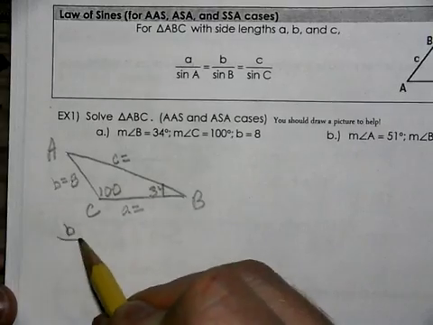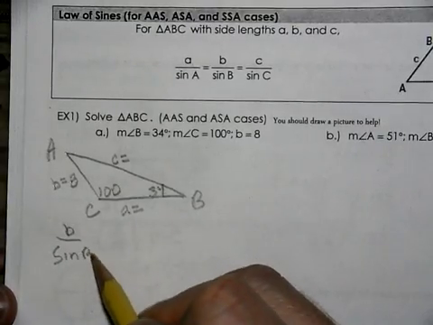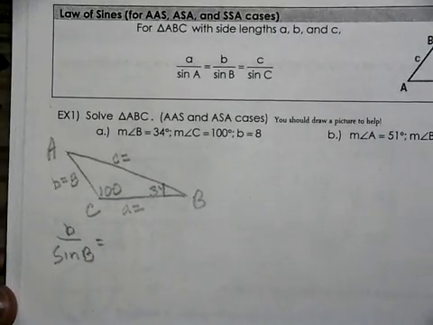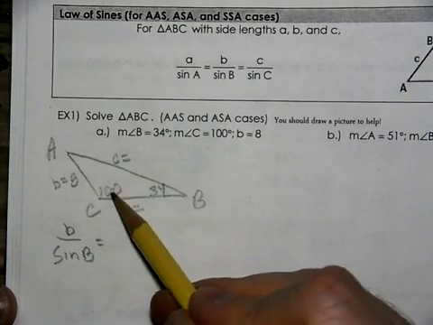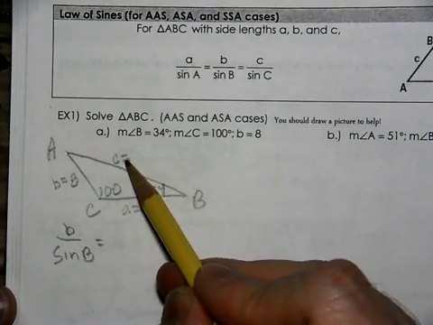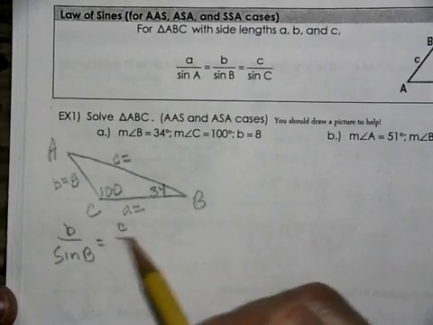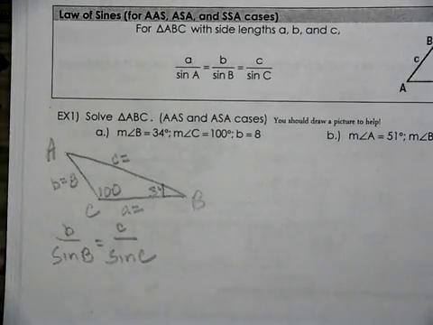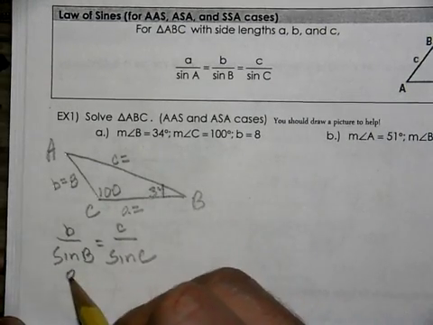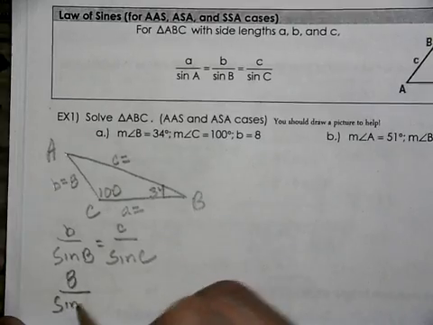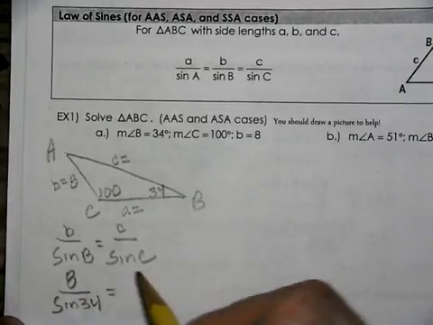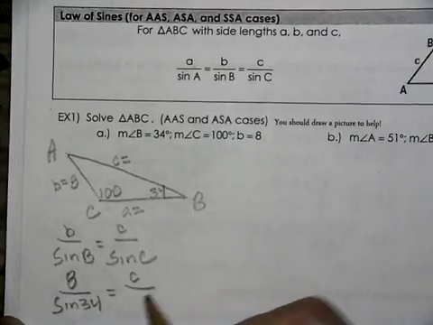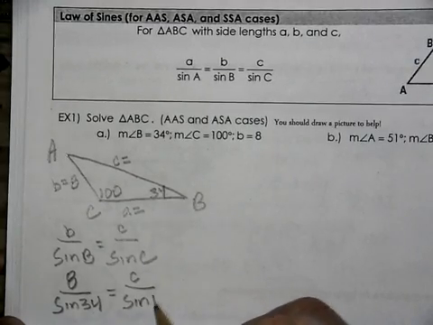So we're going to use B over sine of B. And since we have angle C, we're going to solve for side C. We're going to use the letters side C over sine of C. Plug in your numbers. 8 over the sine of 34 equals your unknown over the sine of 100.